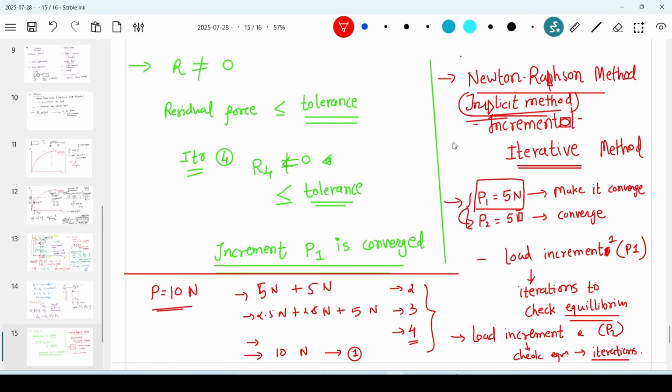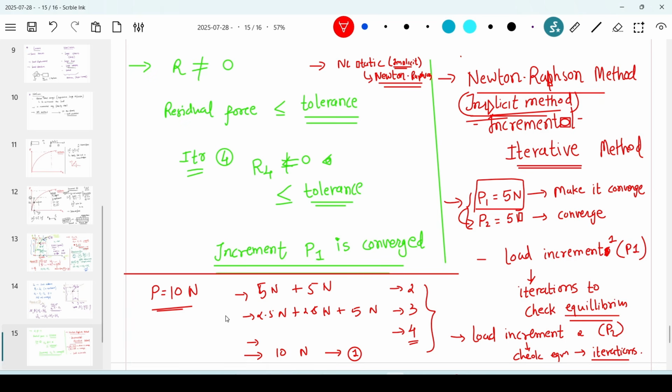We are not going into explicit, but when you perform nonlinear static analysis in Abaqus or any software, in the background it runs the Newton-Raphson method. Nonlinear static is an implicit method. When you take Abaqus or ANSYS, it is an implicit method, and in the solver it runs the Newton-Raphson method.